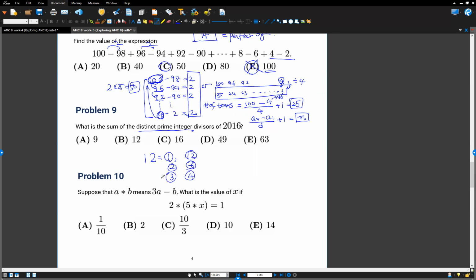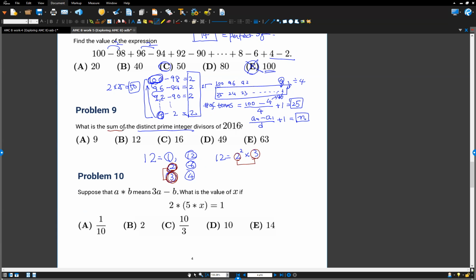You're going to find only the prime numbers. 12 is what? 2 squared times 3, isn't it? Only 2 primes are there, 2 and 3. Okay, these are the prime numbers. So you find the sum of only these 2 prime factors: 2 plus 3.